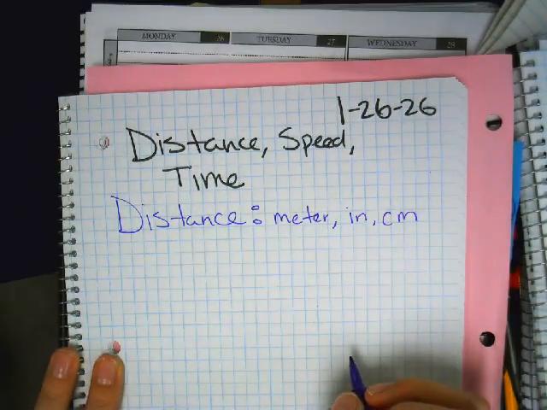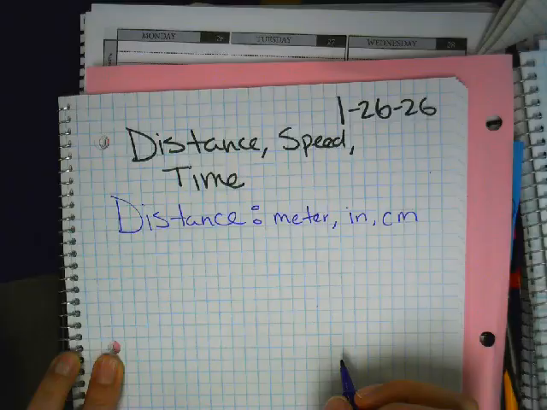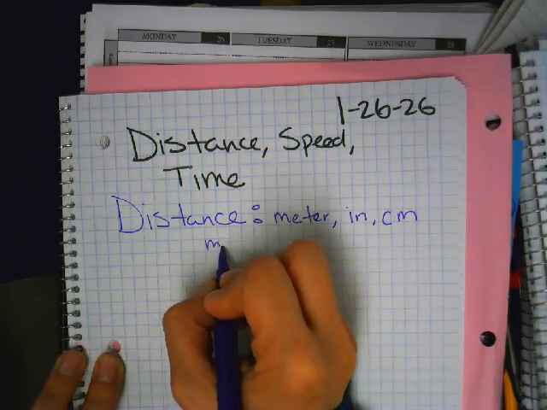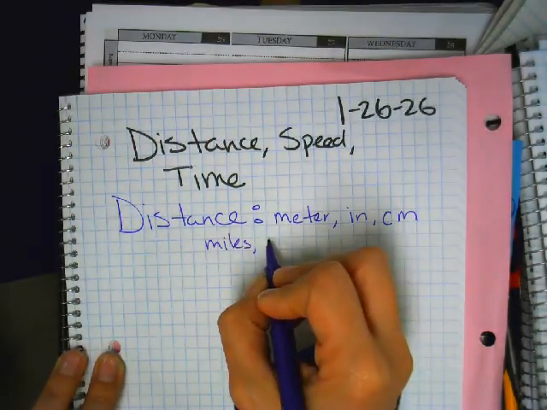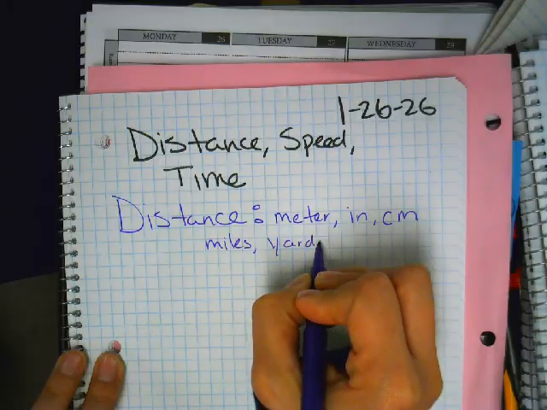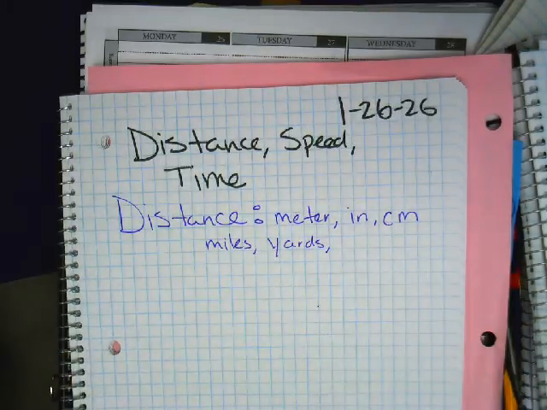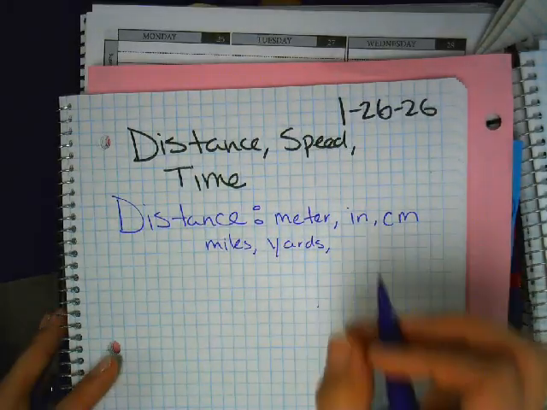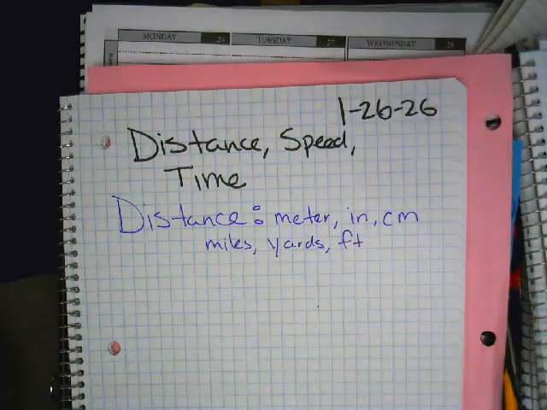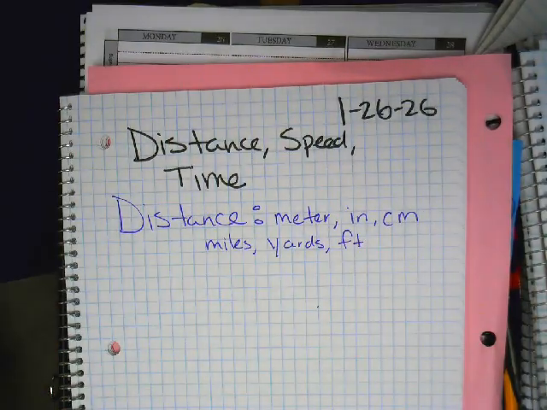What else? Miles. Yards. Good. Feet. Very good. I think we got most of them, if not all of them. So this is how I measure a distance: meters, inches, centimeters, miles, yards, feet.